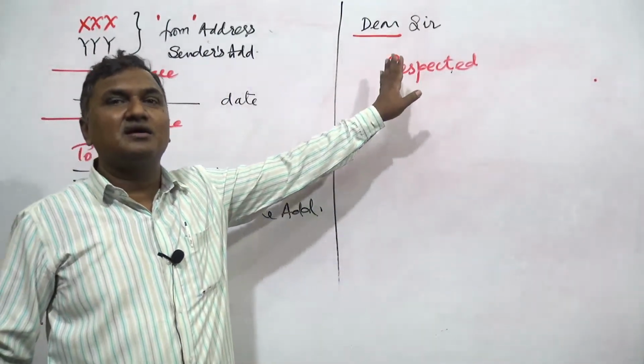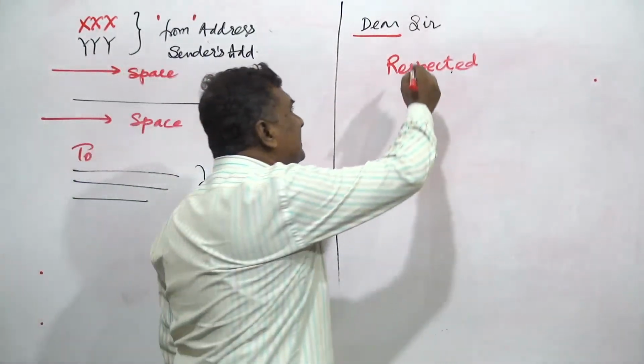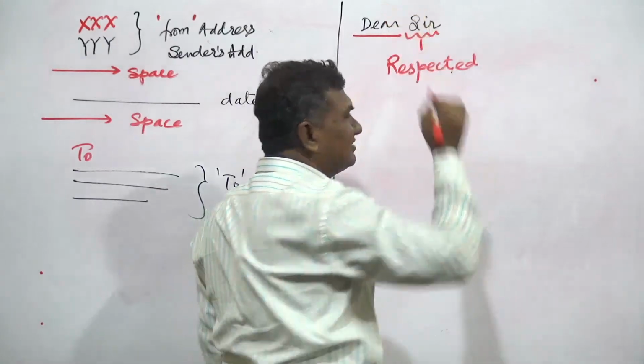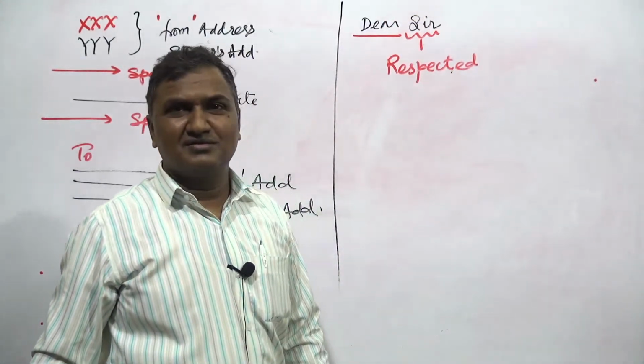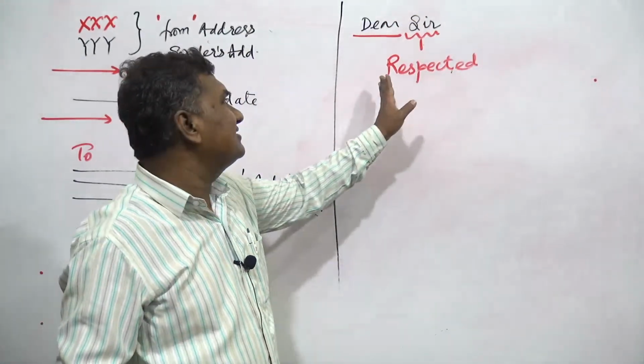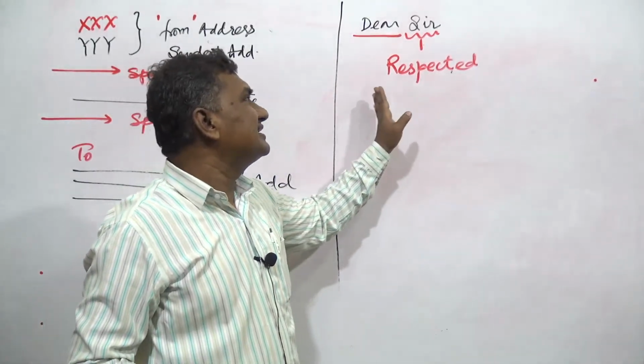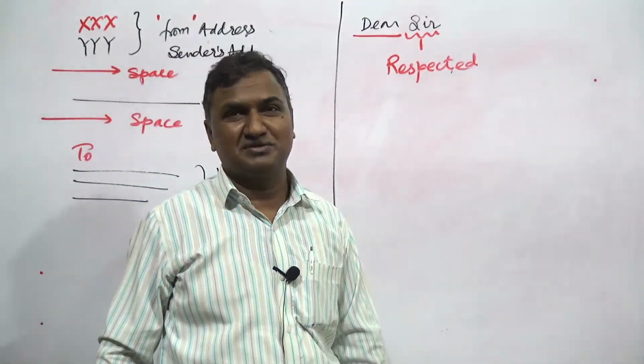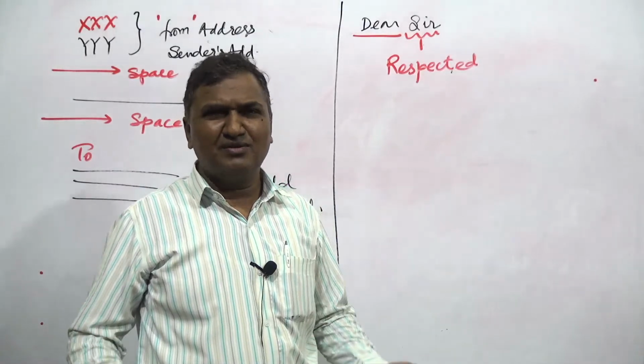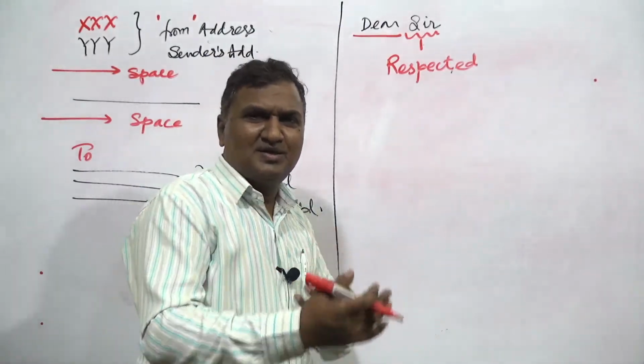This is redundant, unnecessary, because respect is already implied in the word sir. We need not once again write respected. What does it mean then? Respected fellow, person. No need to write the word once again.